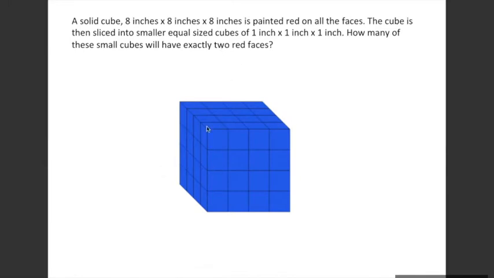In fact, when there are 8 in the 8 by 8 by 8 inches cube, on this edge there will be exactly 4 cubes with 2 red surfaces, because the top cube and the bottom cube. So if I take this one edge, there will be one bottom cube and one top cube, which will have 3 surfaces colored with red.